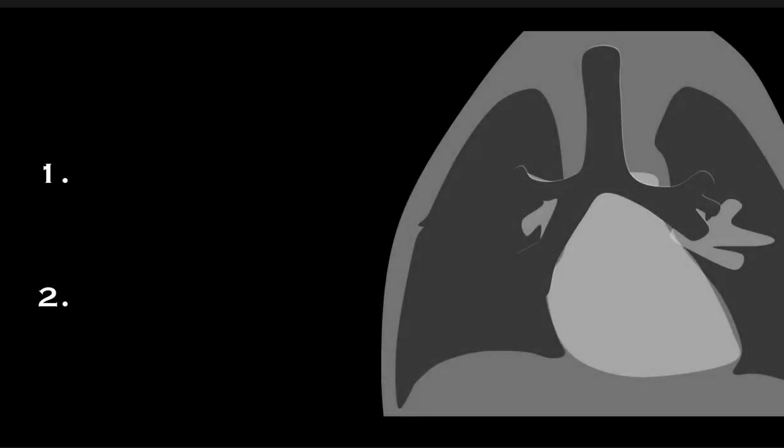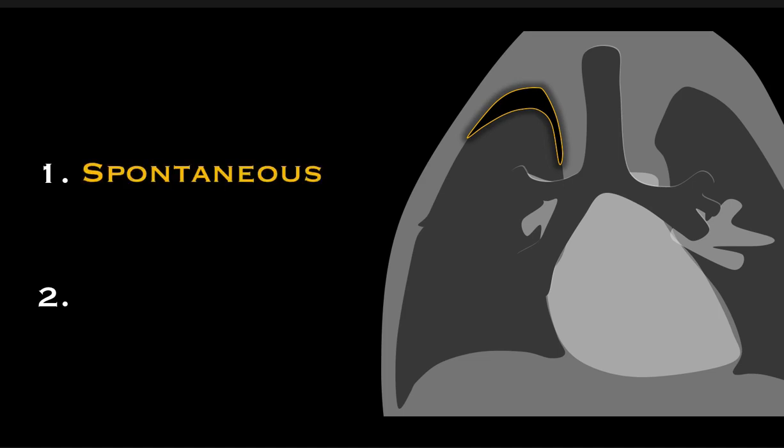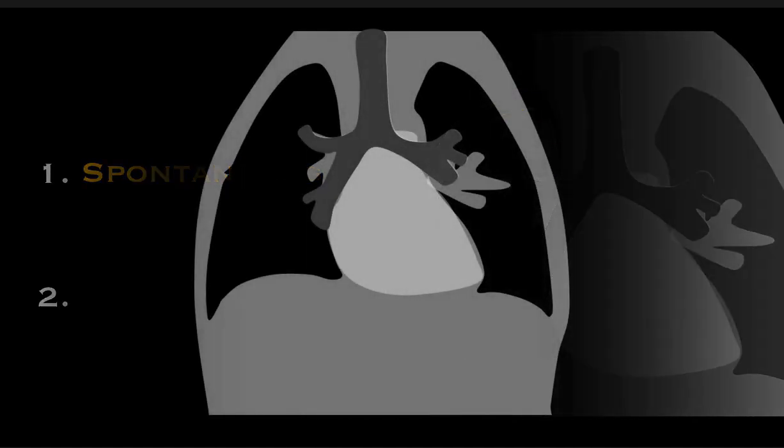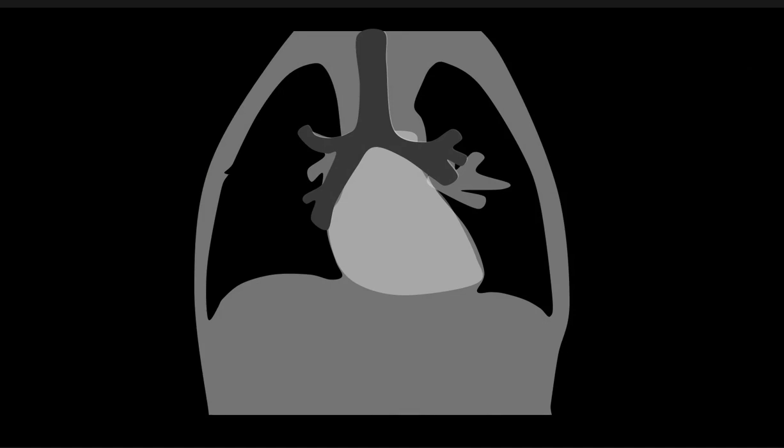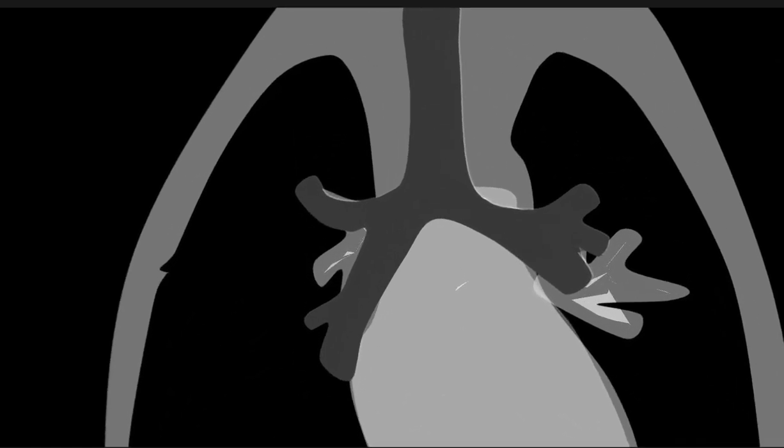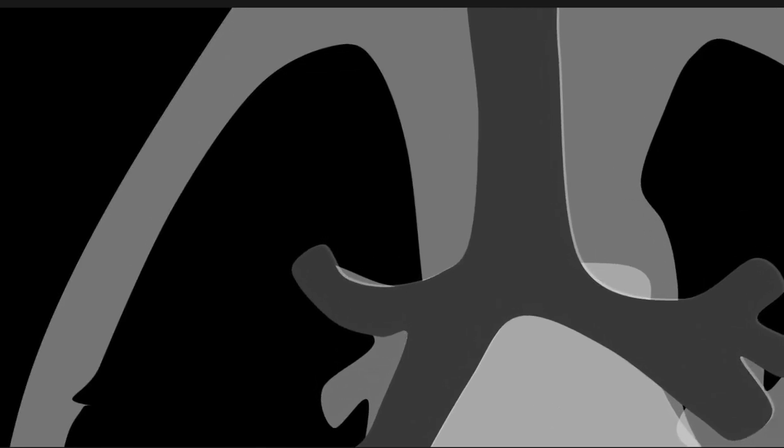In general, there are two categories of causes for pneumothorax, and I group these sort of as the spontaneous types, like this. The most typical scenario is that we've got a healthy young adult, usually in their 20s or 30s. It's more common actually in men, by a couple of factors, maybe 3 to 1 or 4 to 1, something like that. What happens is there is a rupture of a subpleural bleb.